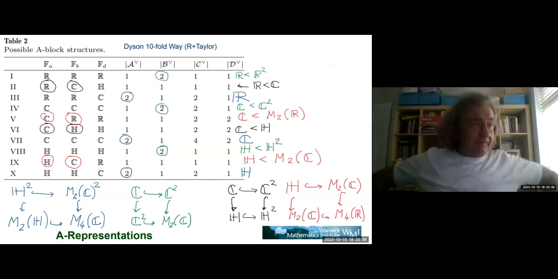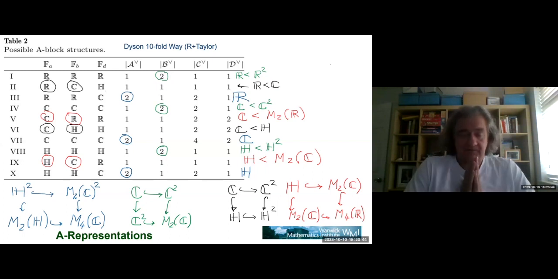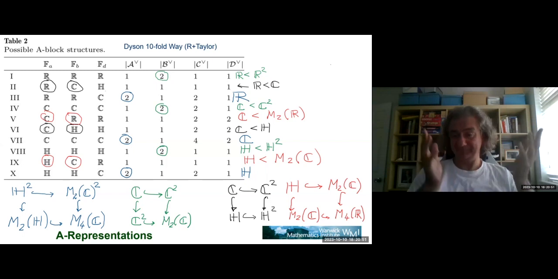So this is our main result in the first paper, a complete classification of antilinear representations. For each particular group, you have to work a little bit harder. We've done some work for alternating groups sitting inside symmetric groups.